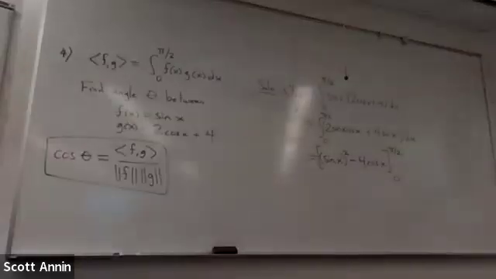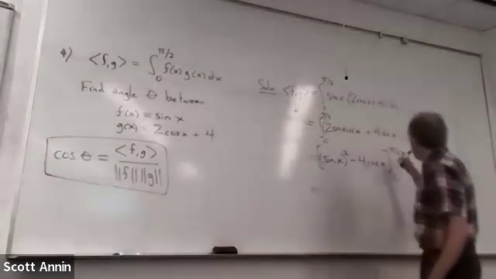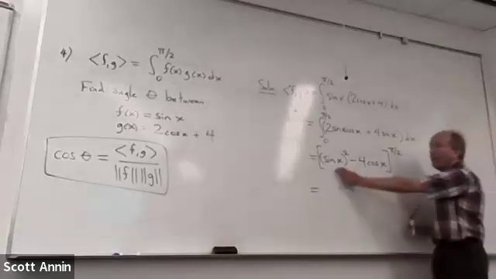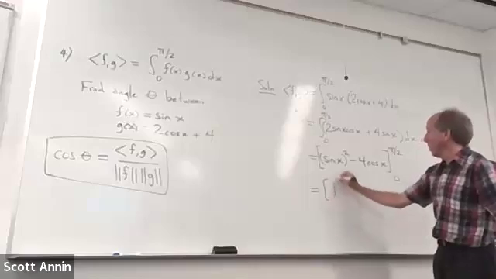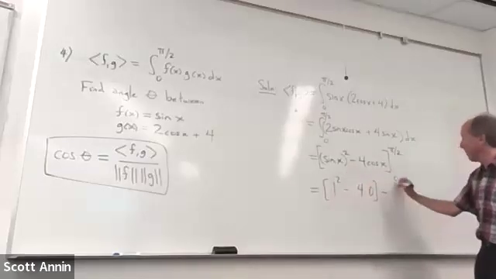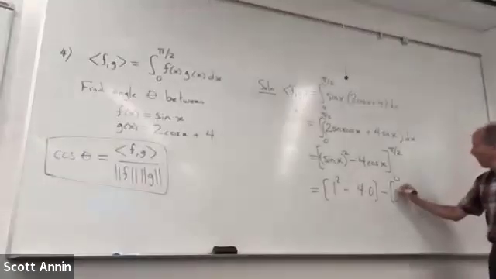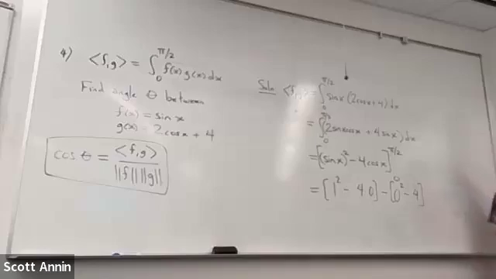So I have to work out these limits. When I plug in pi over 2 into sine, I get 1. So this becomes 1 squared, and cosine of pi over 2 is 0. So that's the upper limit. And then on the lower limit, sine of 0 is 0, cosine of 0 is just 1.